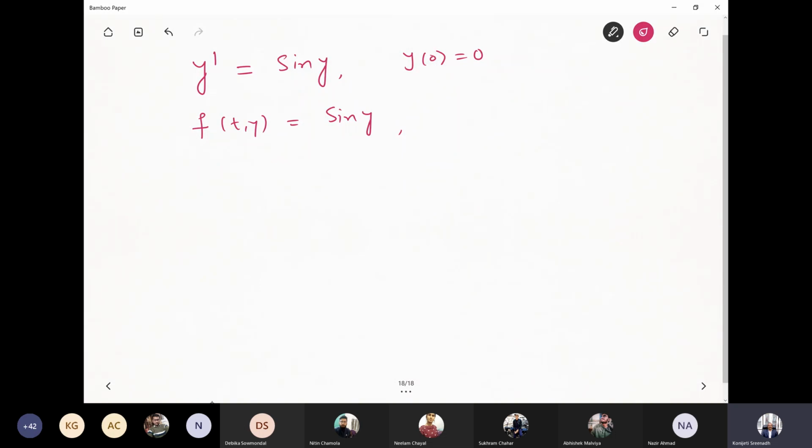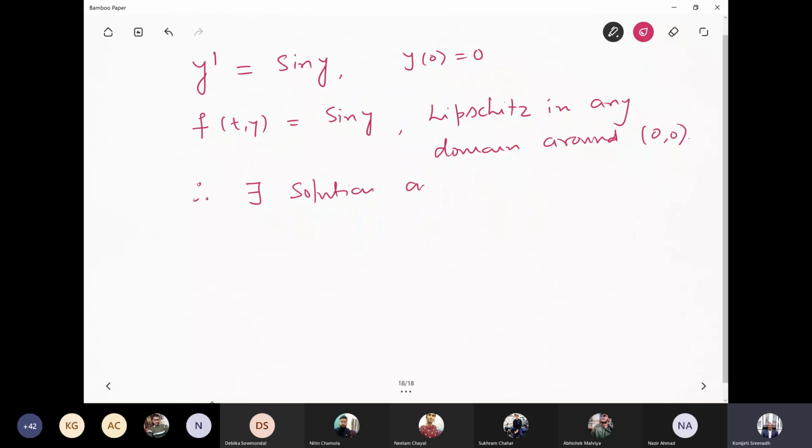It is Lipschitz in any domain around 0, 0, and in the whole of R2 also, because the derivative of this is cos y, whose absolute value is always less than or equal to 1. Therefore, by the theorem, there exists a solution and it is unique.